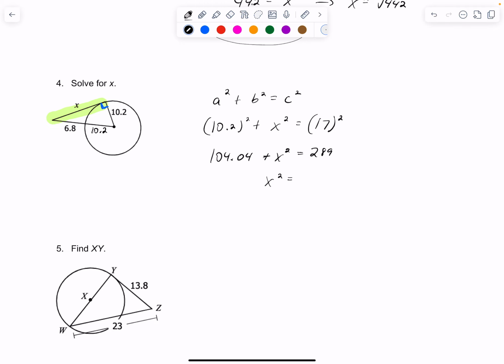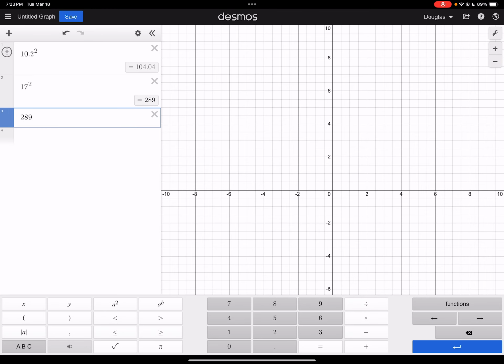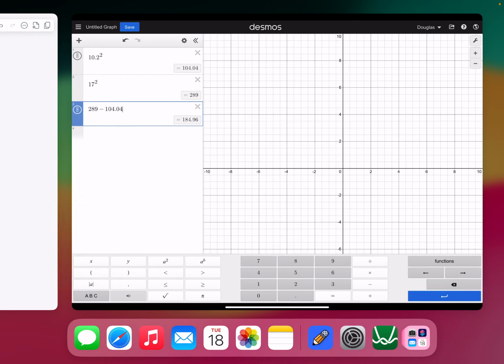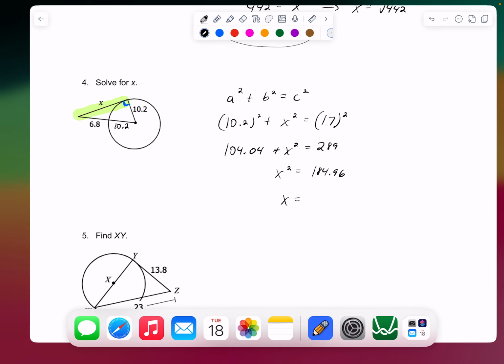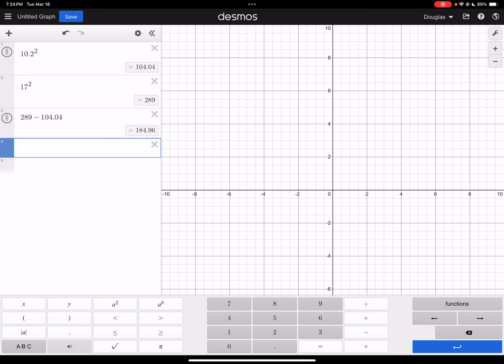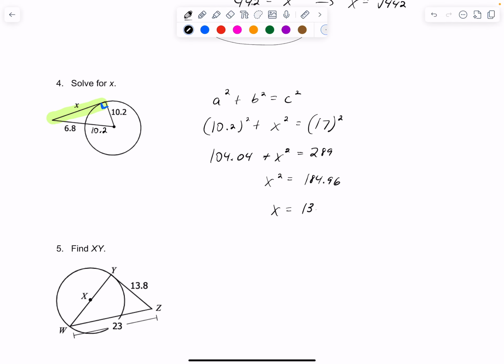Subtract 289 minus 104.04. Excuse me, 0.04. That's 184.96. So x is going to be the square root of that, which is 13.6. So 13.6 units for that leg.